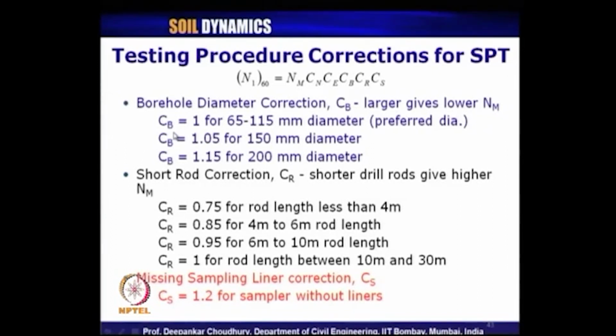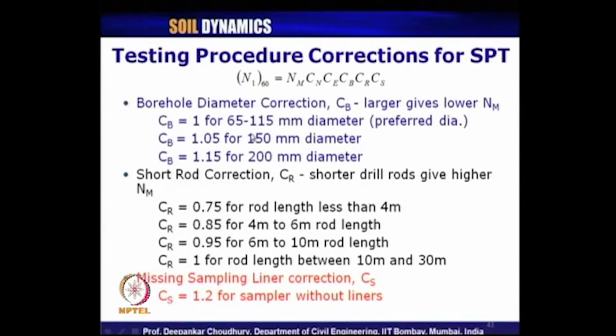Obviously, with smaller borehole diameter, you need more blows to penetrate the same 30 centimeter. So, it has been standardized for a preferred borehole diameter range of 65 to 115 millimeter. If your borehole lies in this range, then no correction is required, and the correction factor is 1.